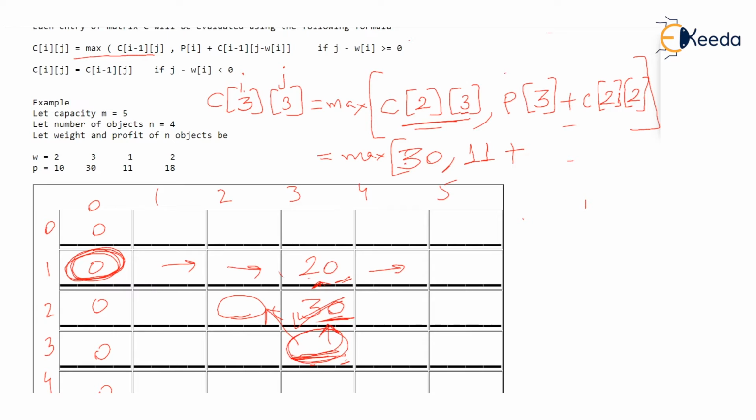C22 is equal to the maximum profit that we will earn after filling the first two objects in the knapsack of capacity 2. And you see, if you take only the first two objects and the knapsack is having capacity 2, then only the first object, having weight 2, can go, and C22 is going to be 10. So C22 here, I am updating in the formula, is 10. So the maximum between these two is 30, and indeed C33 is going to be 30.